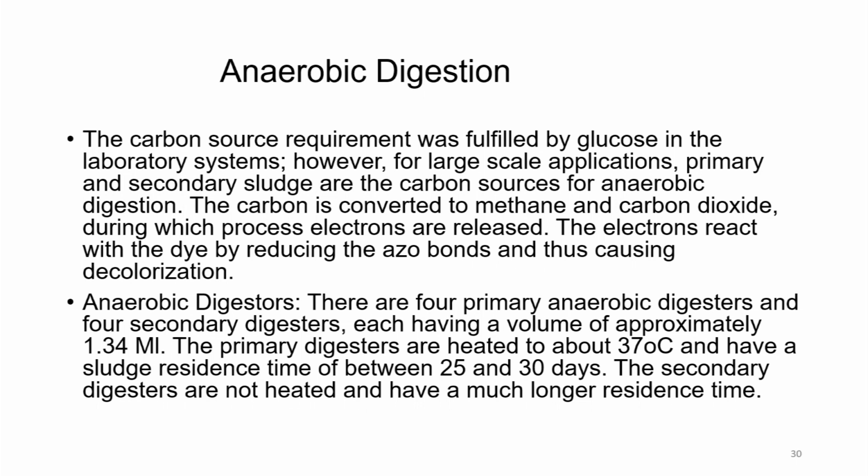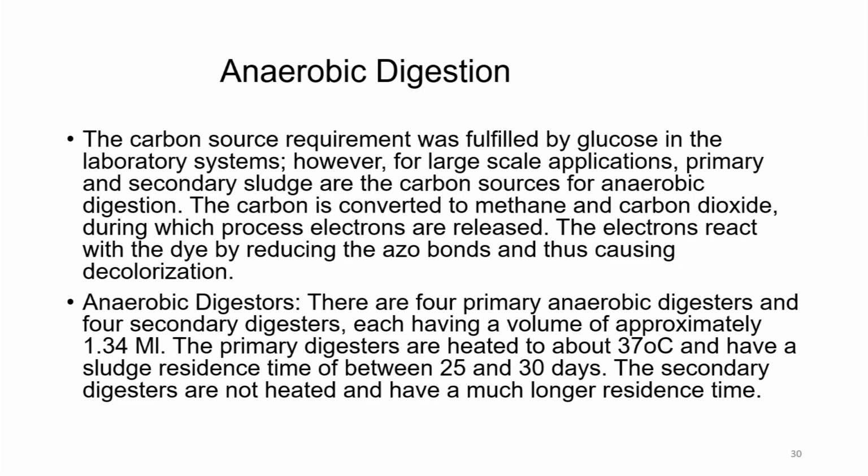The carbon source requirement was fulfilled by glucose in the laboratory system. However, for large scale application, primary and secondary sludge are the carbon source for anaerobic digestion. The carbon is converted to methane and carbon dioxide, during which process electrons are released.